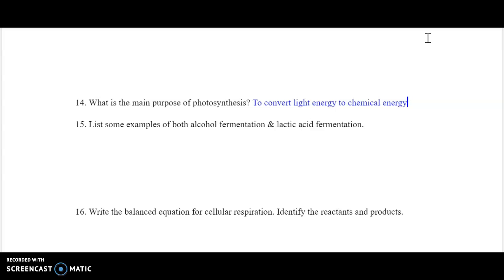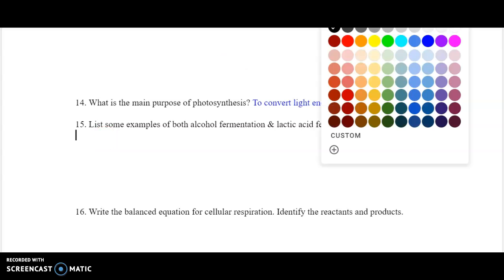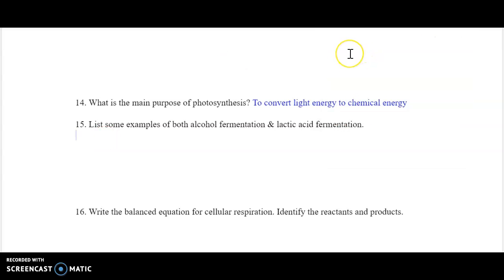Number 15, list some examples of both alcohol fermentation and lactic acid fermentation. Okay, for alcohol fermentation, we have yeast bread. Yeast undergoes alcohol fermentation to make the bread rise, and brewing alcoholic beverages.